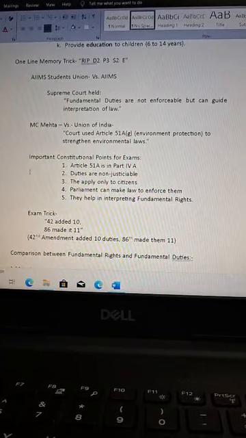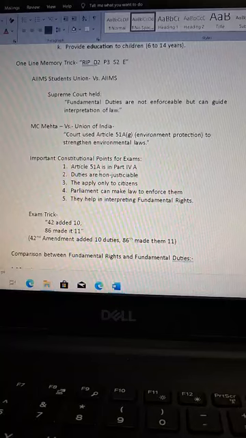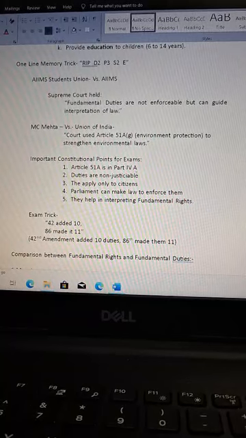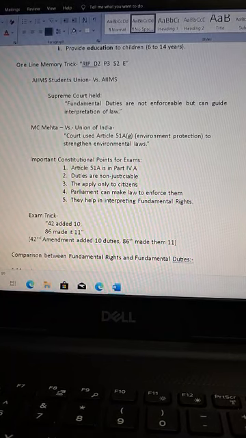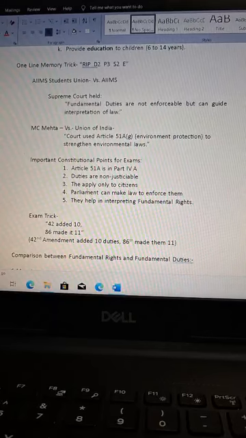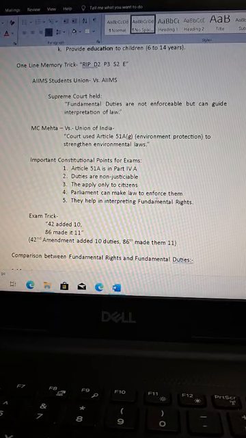So important constitutional points for exams are: number 1, Article 51A is in Part 4A. Number 2, duties are non-justiciable, means they cannot be enforced in court. Number 3, they apply only to citizens. Number 4, Parliament can make law to enforce them.